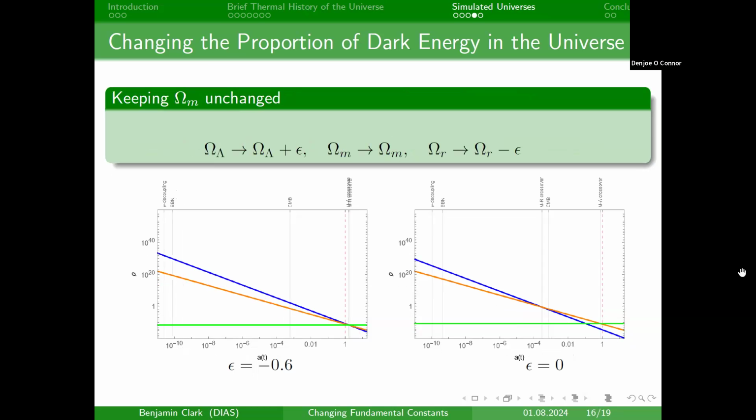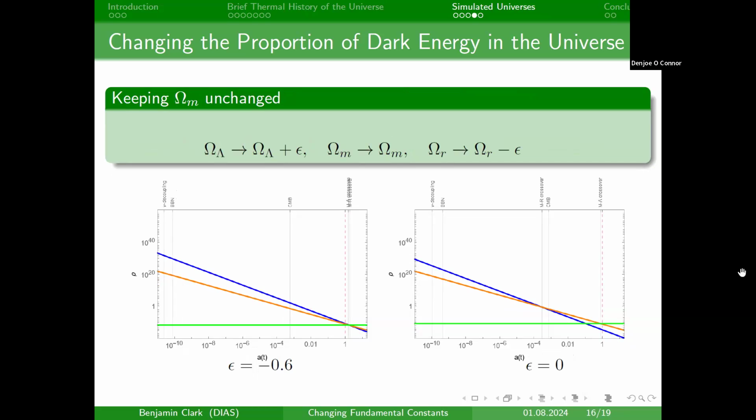Yeah, in this simulated universe here, we would be living in a radiation-dominated universe, but we can still see that it would be much less time that the universe would have been matter-dominated compared to our universe here, where the universe is matter-dominated for longer. So there would have been a lot less time for galaxies and stars to form.